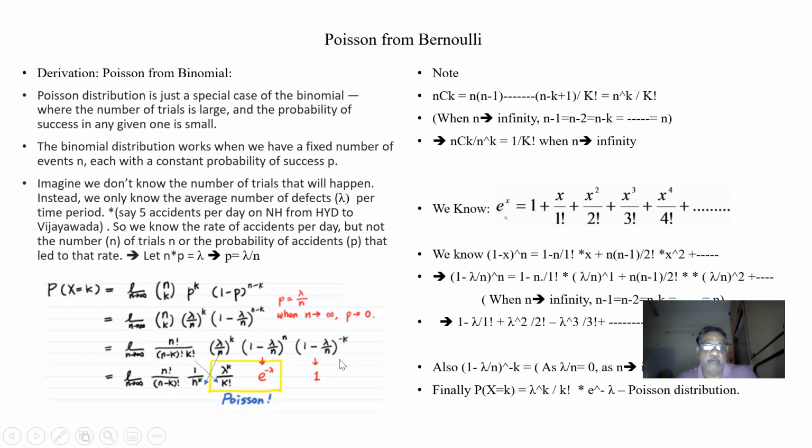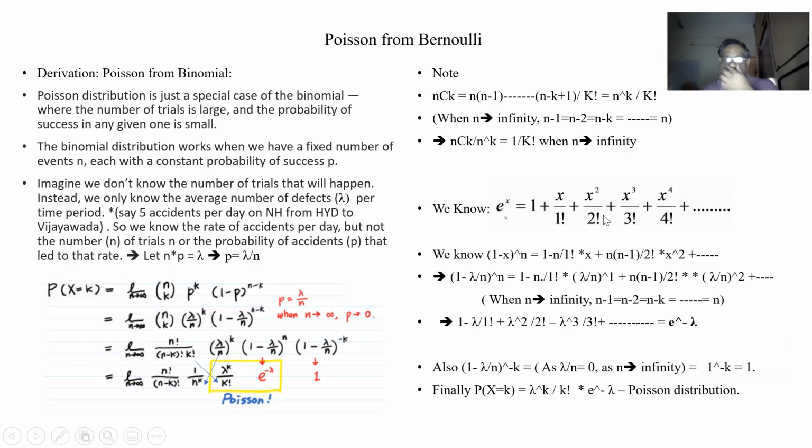Now let us see from this figure how we got e to the power of minus lambda. Here is my distribution: e to the power of minus lambda into lambda to the power of k by k factorial.